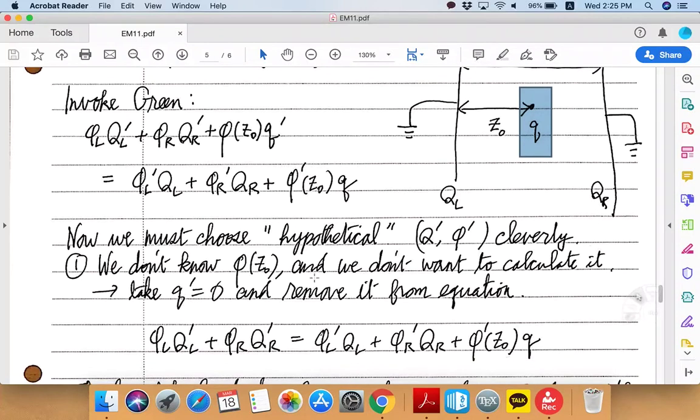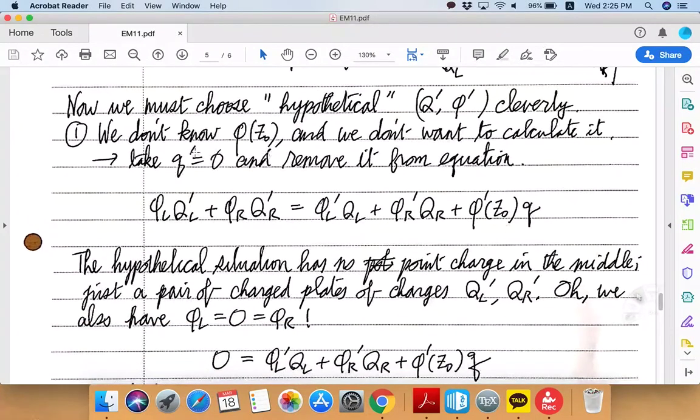Okay, so by assuming such a hypothetical situation, we can nicely get rid of this term that contains the information that we are not able to provide. And therefore, our equation becomes simpler, like this.